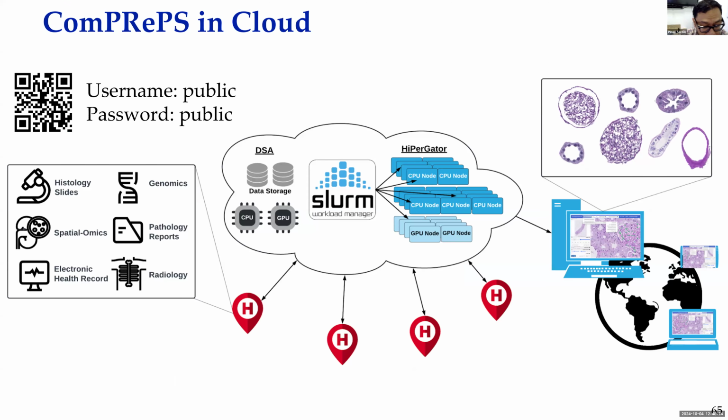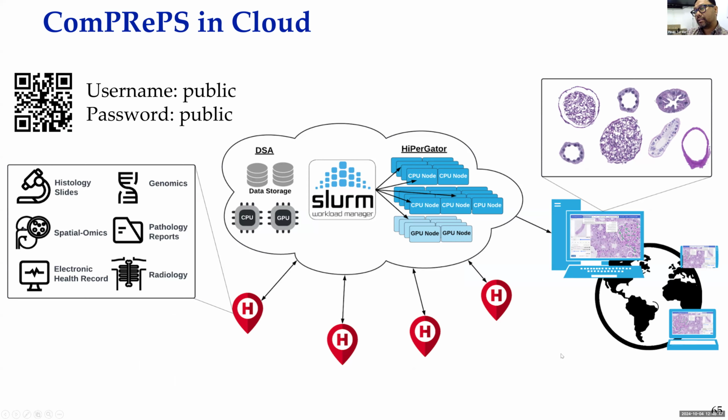At the backbone of this work, we developed something called ComPRePS. This is the backbone of all our front-end development. So whatever you saw, the tool called FUSION to do basic understanding of cell and tissue, is the front end, but it uses at the back end ComPRePS, or Computational Renal Pathology Suite.